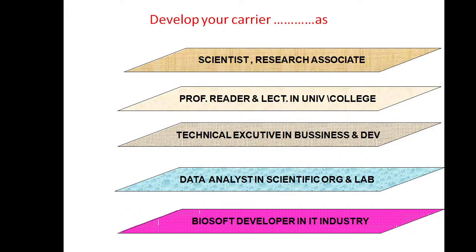For professor, reader, and lecturer in a university or college, you have to do a PhD. Without a PhD, it is not possible. According to the UGC 2022, a PhD will be compulsory. Without a PhD, you cannot join any university or college as an assistant professor or lecturer.